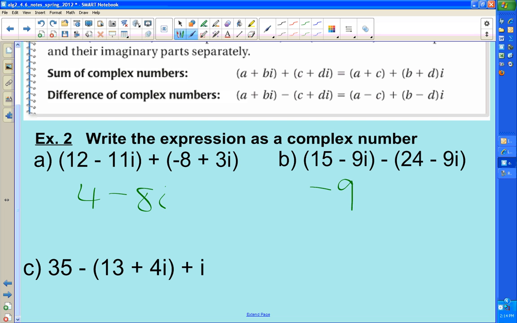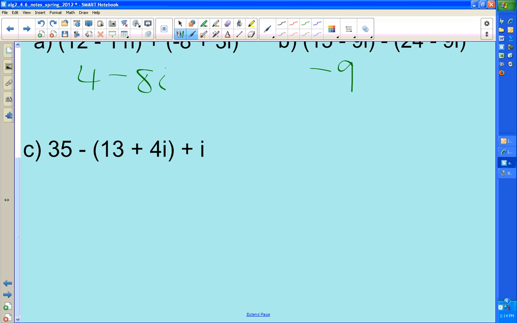Anything else? Minus 18i? Plus 0, we don't need to do that. What about the 18i? Did anybody have 18i? No, because the i's cancel, so you get a real number. That's good.